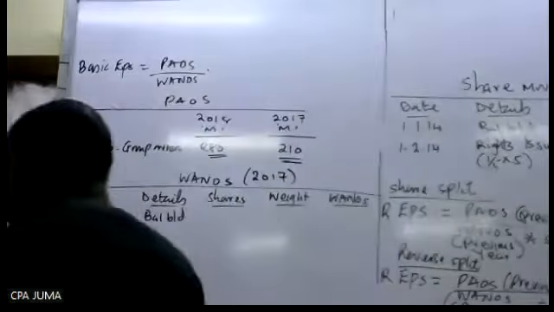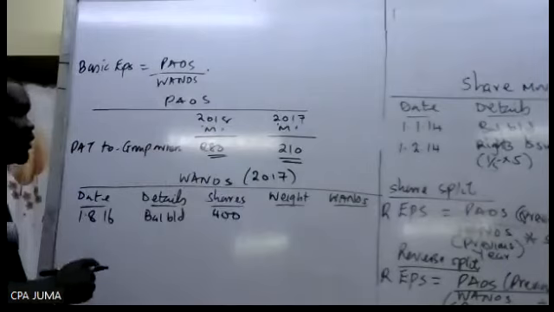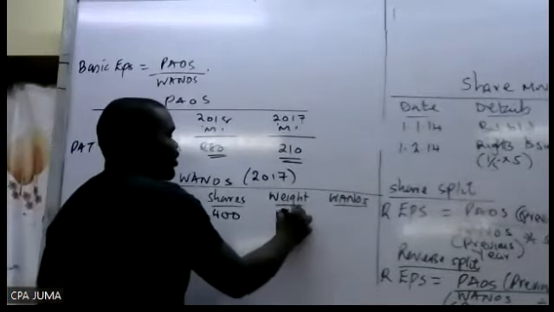400. So we have 400. That is 200 divided by 0.5. These shares, you weigh them for the whole year.